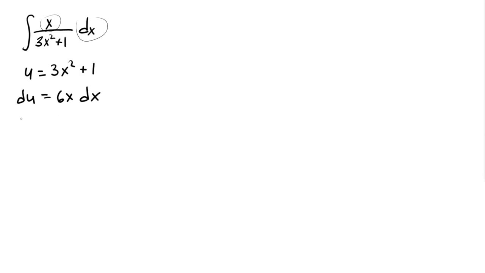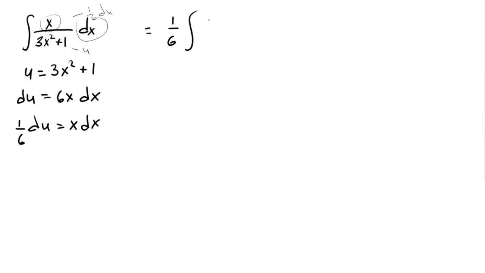So if I simply pull this 6 over to the other side, I have u in the denominator, and I have 1/6 du in the numerator. So this becomes, again, 1/6 can come in front.